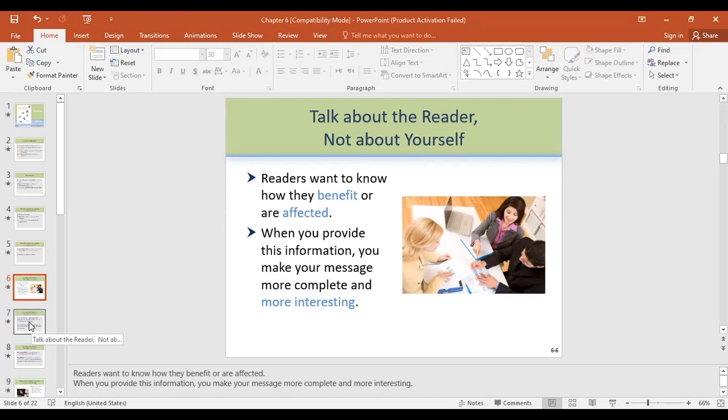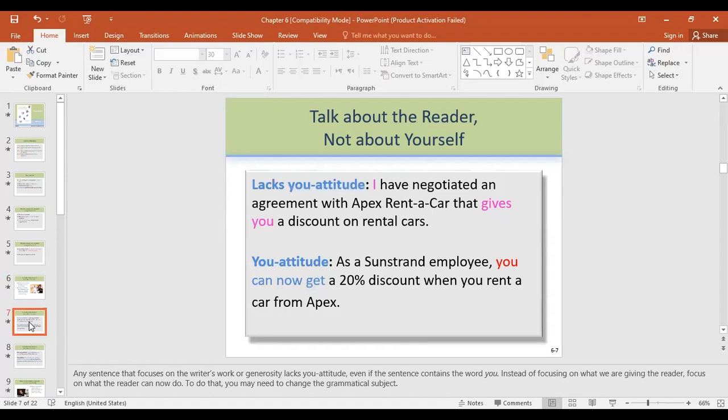Now, with these examples, the picture will be clearer. For example, we have two sentences. The first lacks you attitude; it's a negative point of view.